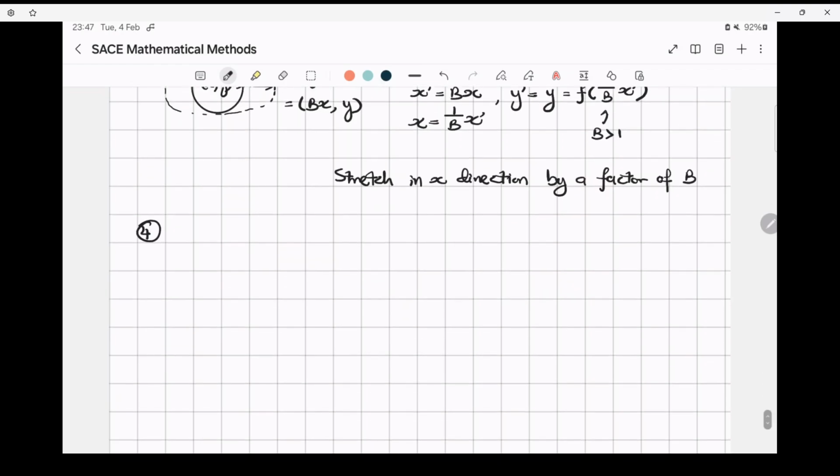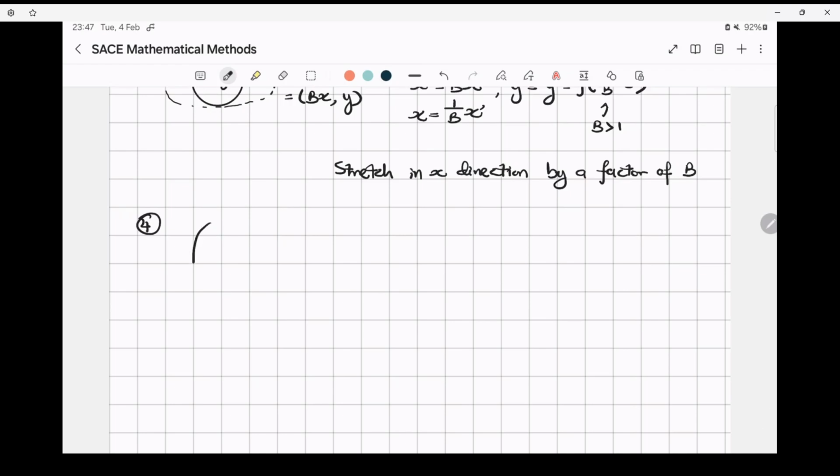So the fourth type, which is compression in the x direction. So let's say this is x and y. You try to compress it. So this is still by a factor of 1 over b. And after your compression, this is x prime, y prime.